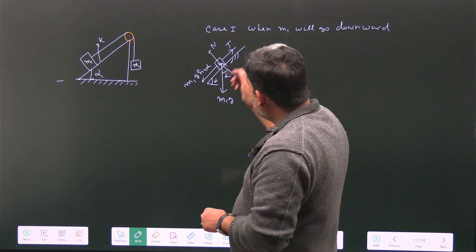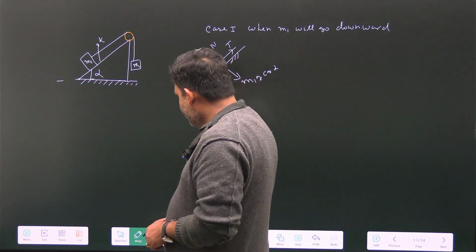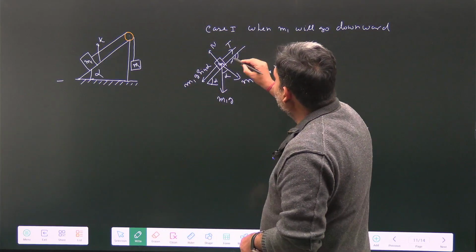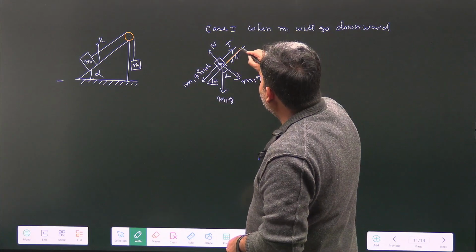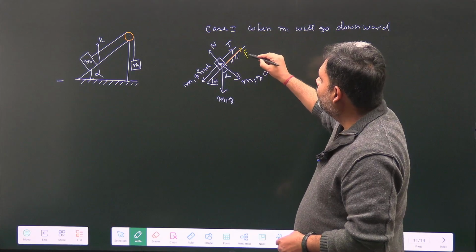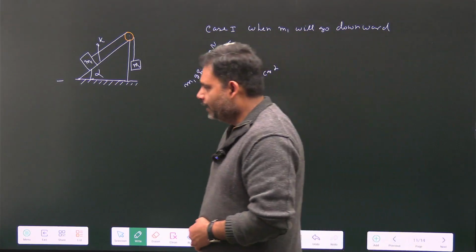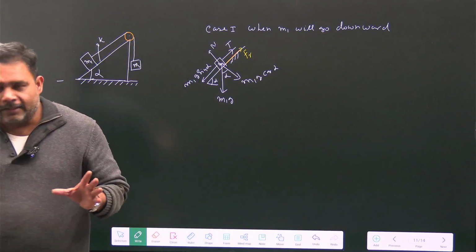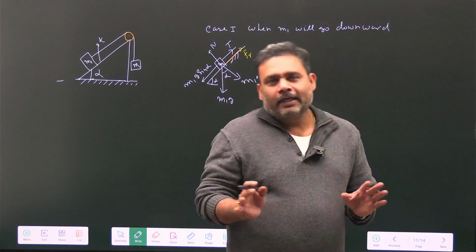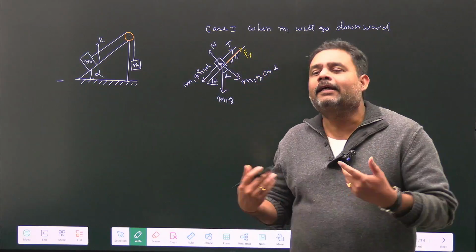Now, if it is going downward, then what will be the direction of the frictional force? The direction of frictional force must be in the upward direction. Okay, so this is the condition for m1 going downward. तो यहाँ पर हमें कोई acceleration वगैरह नहीं calculate करना. We have to just write the condition.